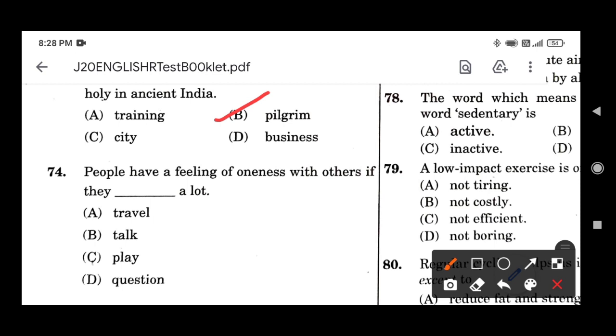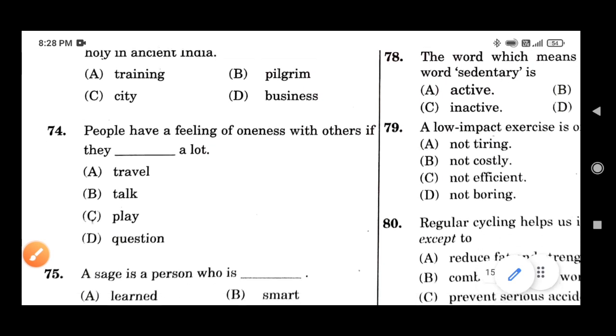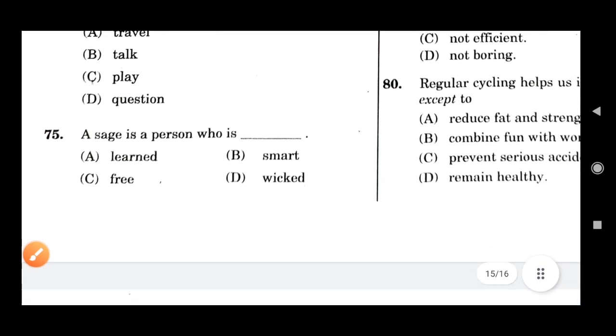What is the option, friends? Yes, exactly. The option is A, travel. If people travel, they feel that oneness with the others, they mingle with the others. So A is the right answer.